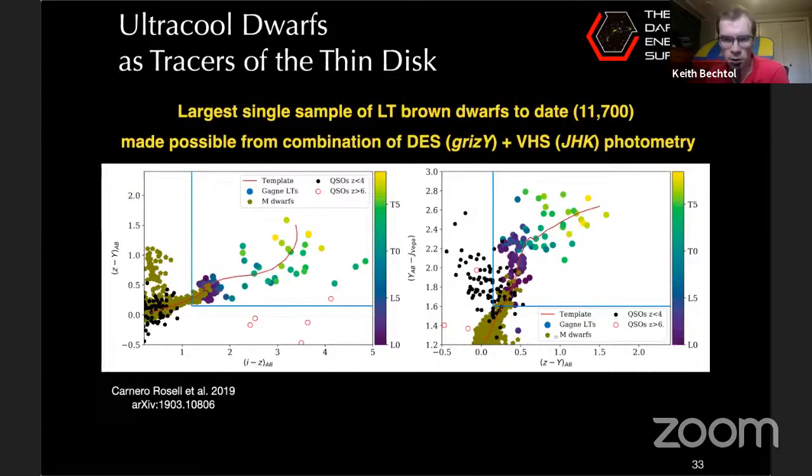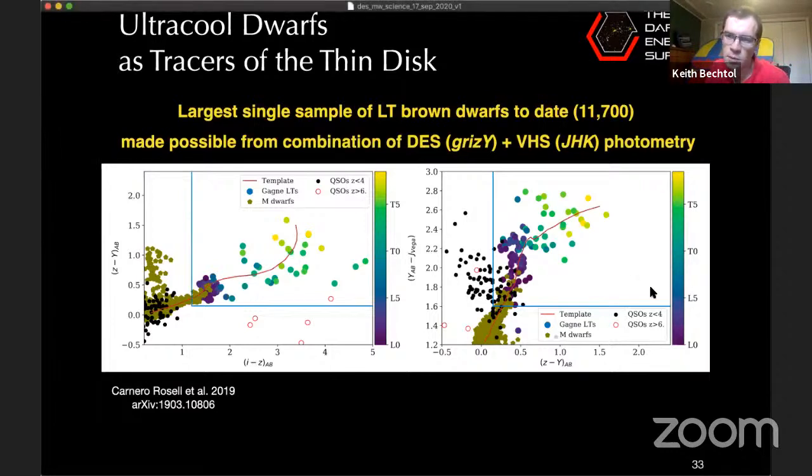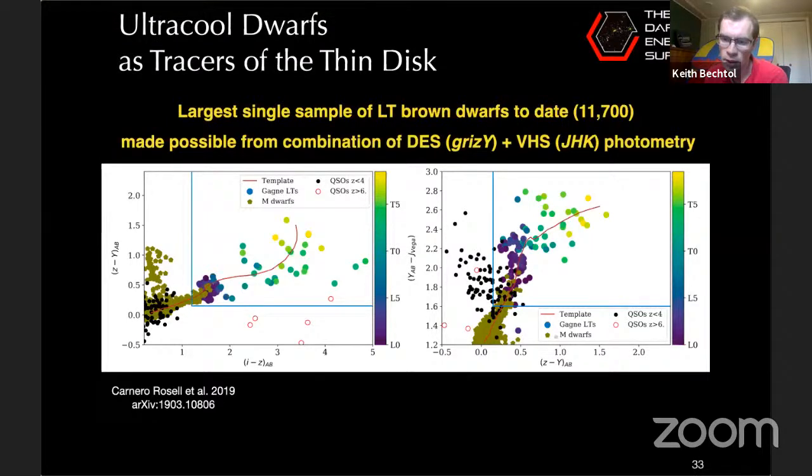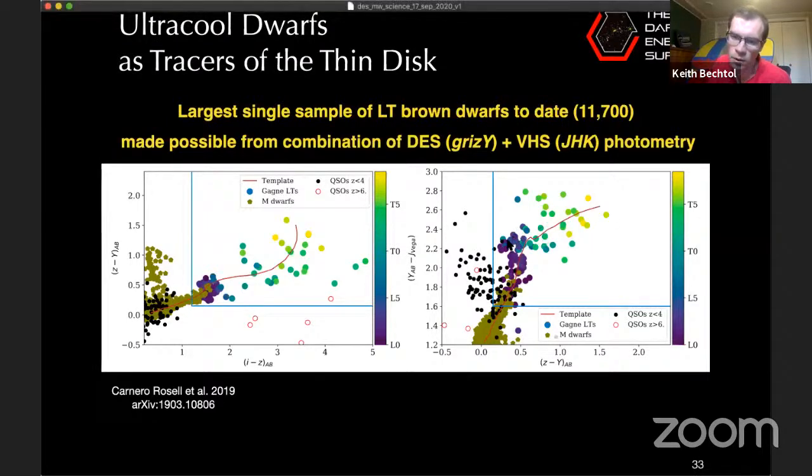So this particular set of plots was made by Aurelio and company, where they've taken spectroscopically confirmed samples of these ultracool L and T dwarfs. These are shown with the blue and green and yellow colors. This brownish green color shows M dwarfs.